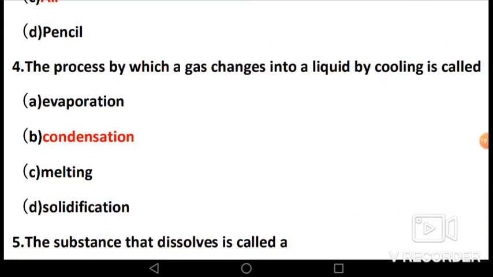Now let's see fourth MCQ. The process by which a gas changes into a liquid by cooling is called option A, evaporation, option B, condensation, option C, melting and option D, solidification.